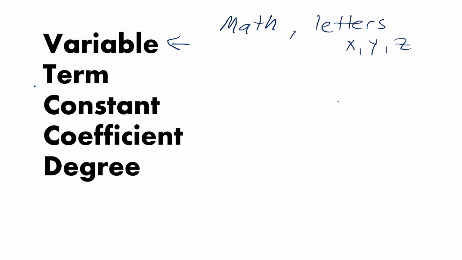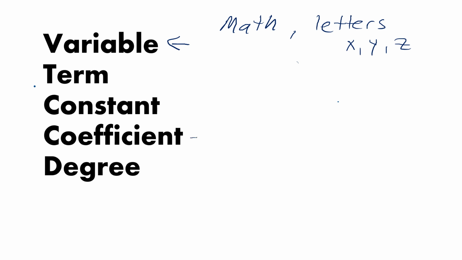And what is the difference between a variable and a coefficient? So the variable represents something that has a magnitude or can be represented with a numerical value, and also it represents something that varies. That's why it's called a variable, right?